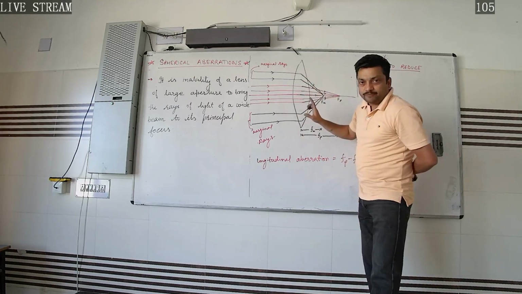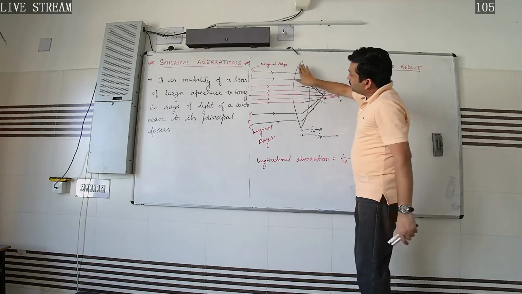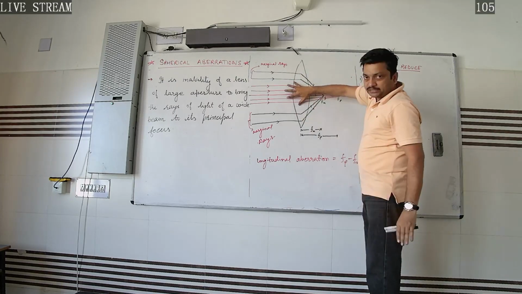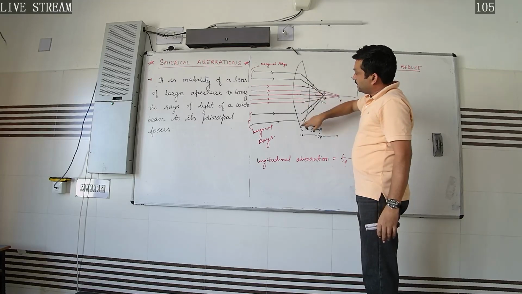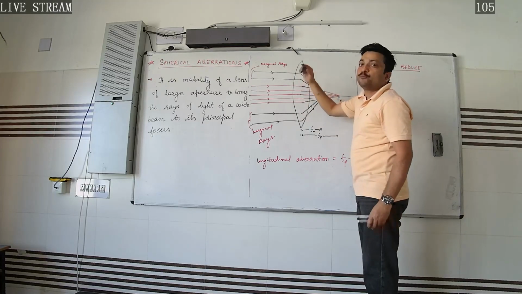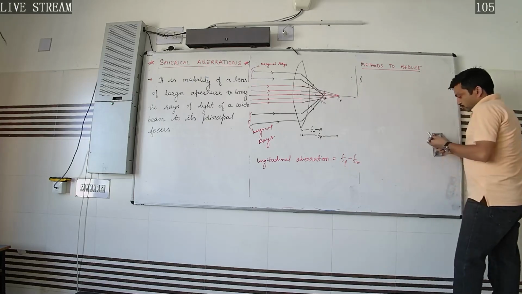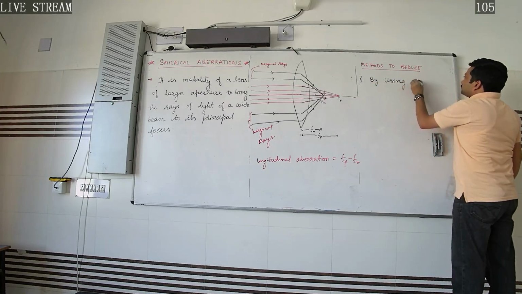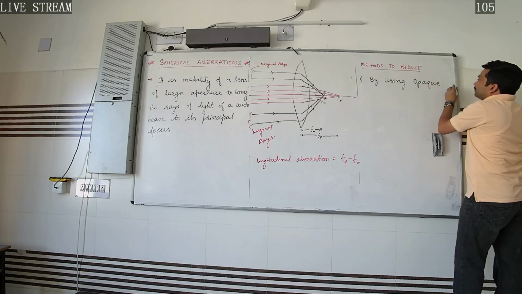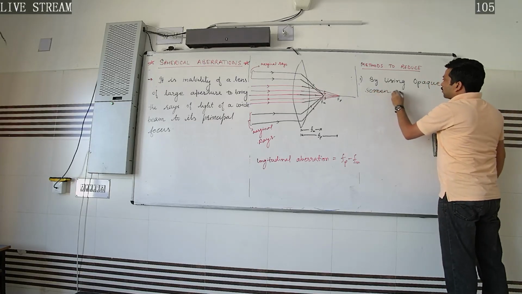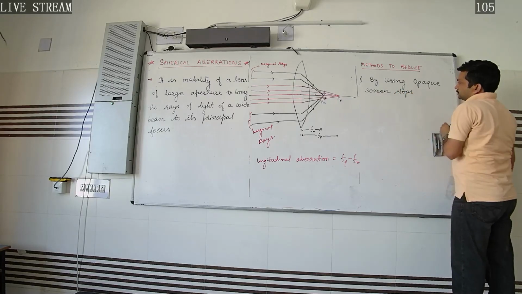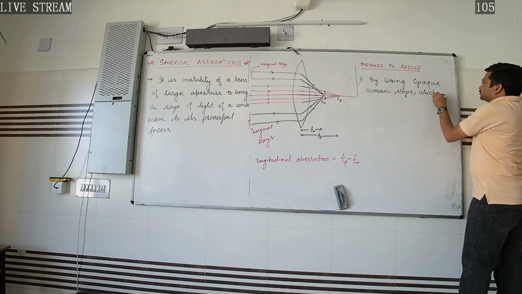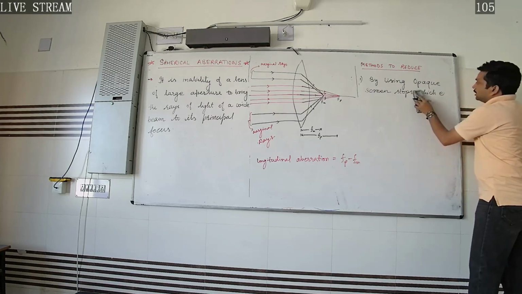Only under that condition can we minimize it. So the first method is either allowing the paraxial rays or the marginal rays to pass through this lens of large aperture by making use of opaque screen stops in front of the lens.